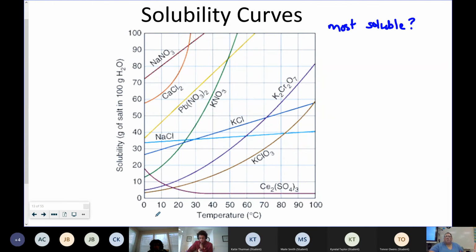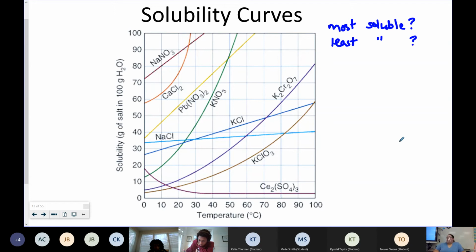So if I asked what's the most soluble at 10 degrees Celsius, we'd say, okay, 10 degrees, the line that's the highest is this sodium nitrate, the NaNO3. You could also be asked which is the least soluble. So that's the opposite. At whatever temperature, which line's the lowest? So I might say at 30 degrees Celsius, which is least soluble. So 30 degrees, the line that's the lowest is this cesium sulfate.